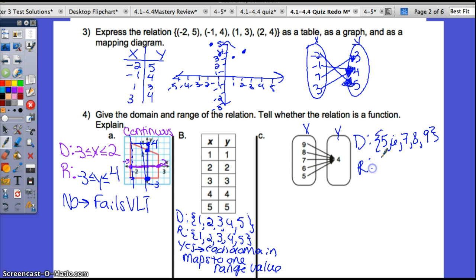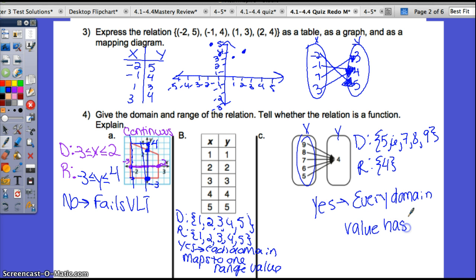And your range is just the number 4. This actually, yes, is a function because every X only has one arrow coming from it. Every domain value has one range value.